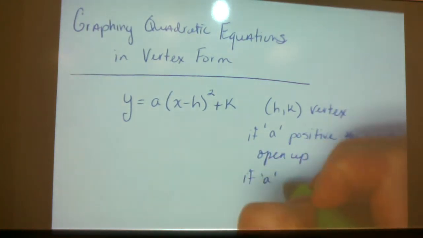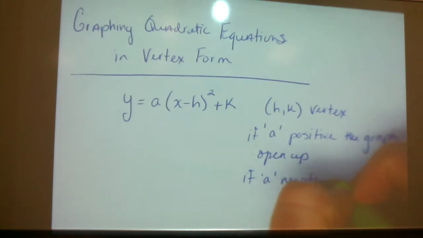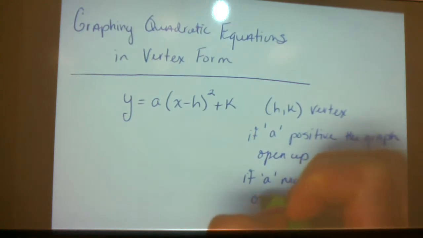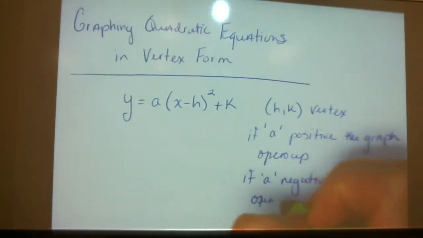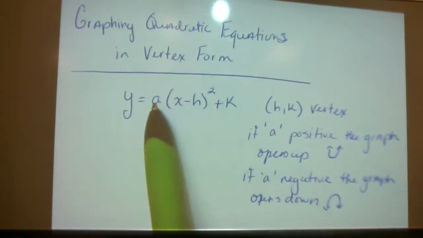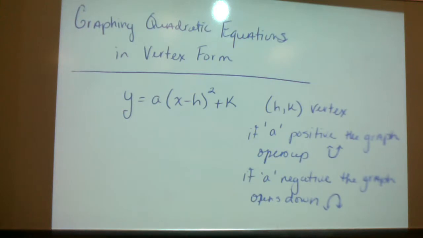If the a is negative, the graph opens down. So this opens up, this opens down. So that number out in front is going to tell you. We're not really looking at the number, we're looking at the sign, really. If it's a positive, the graph's going to go up. If it's a negative, it's going to open down. That means that vertex is going to be up at the top of that graph. It's going to be our maximum point.